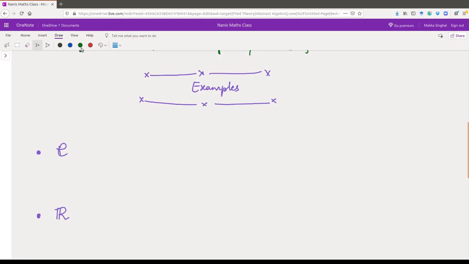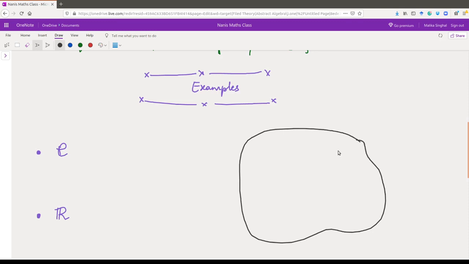We have studied previously the set of complex numbers. This set, together with the operations of addition and multiplication, is a field, we know that. If you do not remember, you can watch video number 3 of this playlist. So can we say that this field C is a subfield? To define a subfield, we need some bigger field.